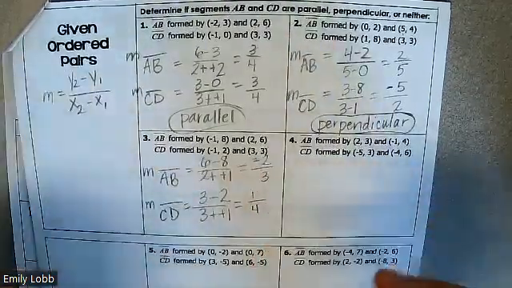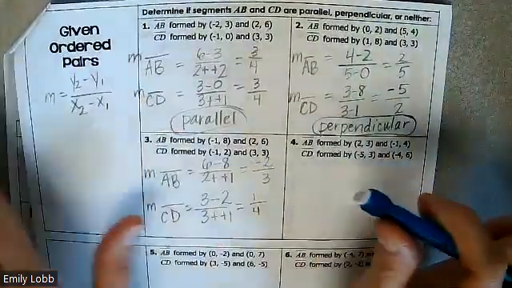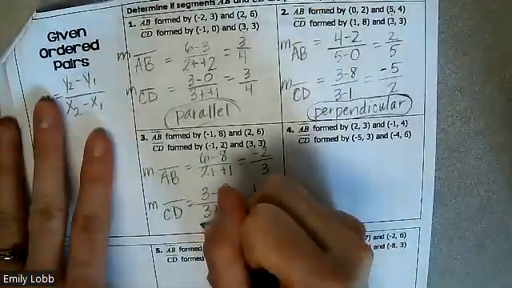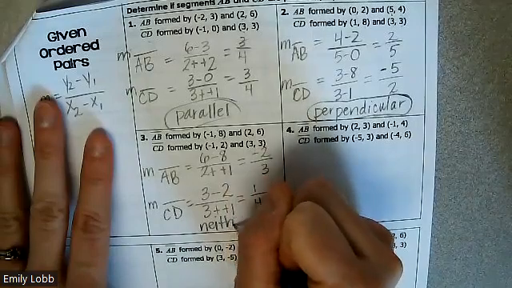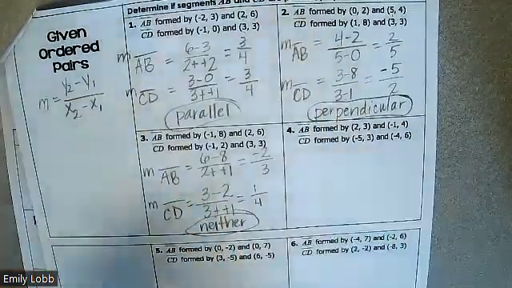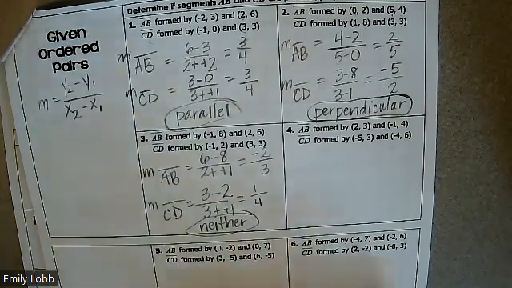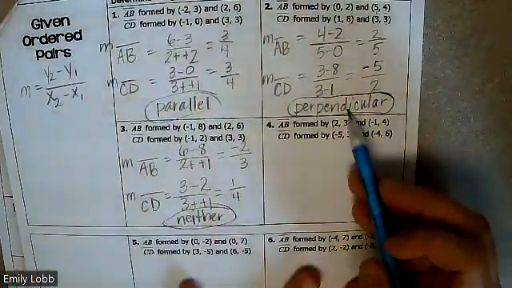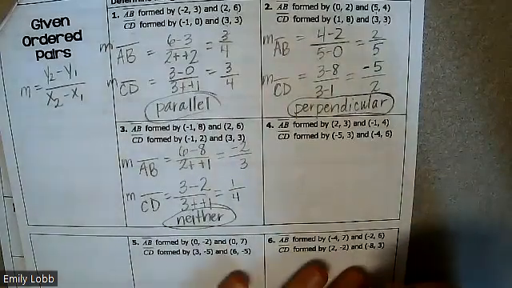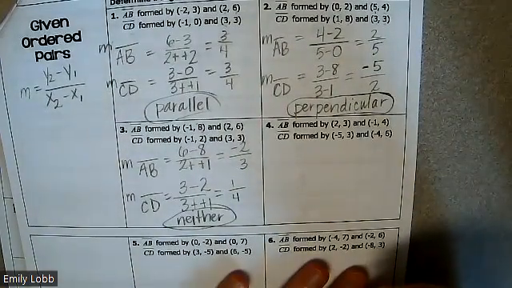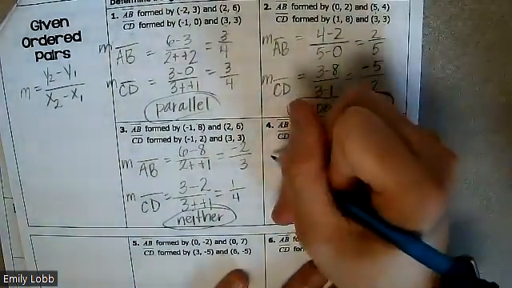Are these the same? No. Are they opposite reciprocals? No. So we're going to say neither. Or you might say they're intersecting. They're just intersecting lines. They don't intersect at a 90-degree angle, so we can't say they're perpendicular. But they do intersect, so they're not parallel either.